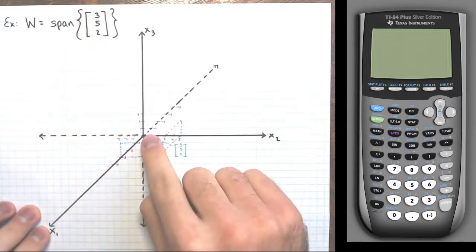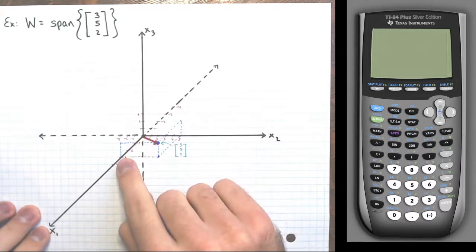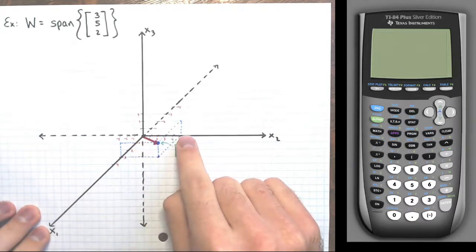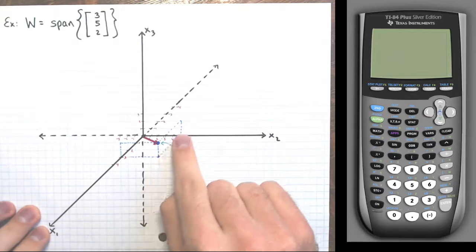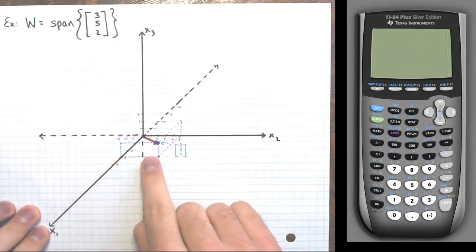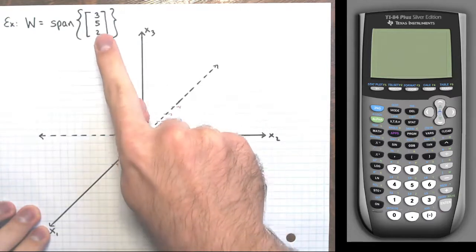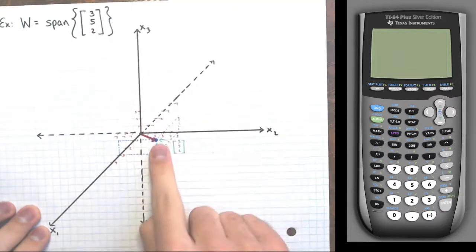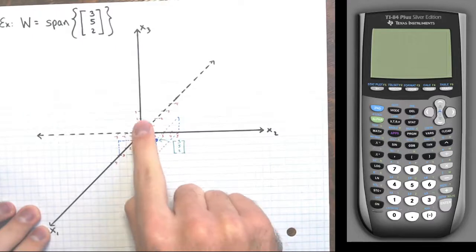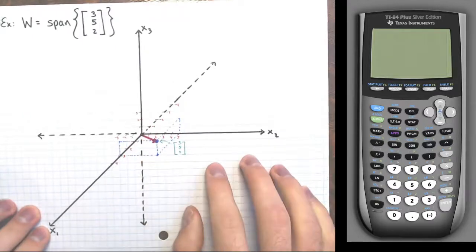How I would graph that is, I go to 3 on the x1 axis, 5 on the x2 axis. You draw a parallelogram, right? Little segments parallel to those axes. That takes me to this point here, and then 2 on the x3 axis. I go up 2 units, in line with 2, parallel to the diagonal of this parallelogram here.